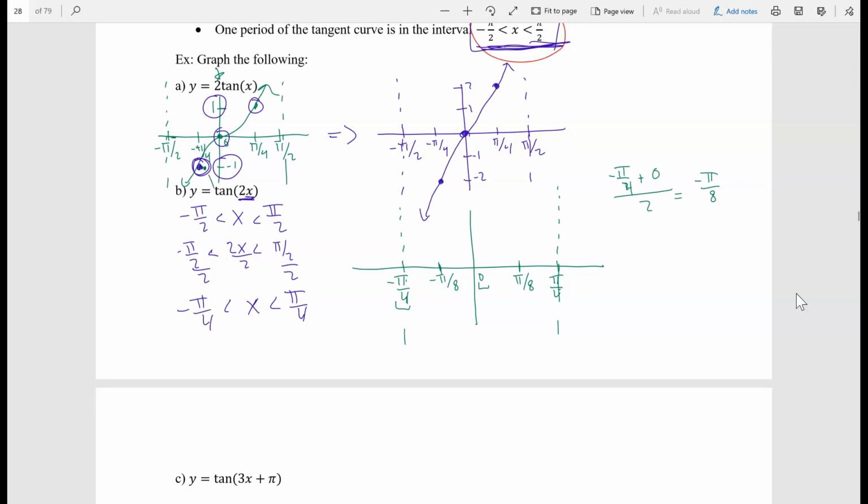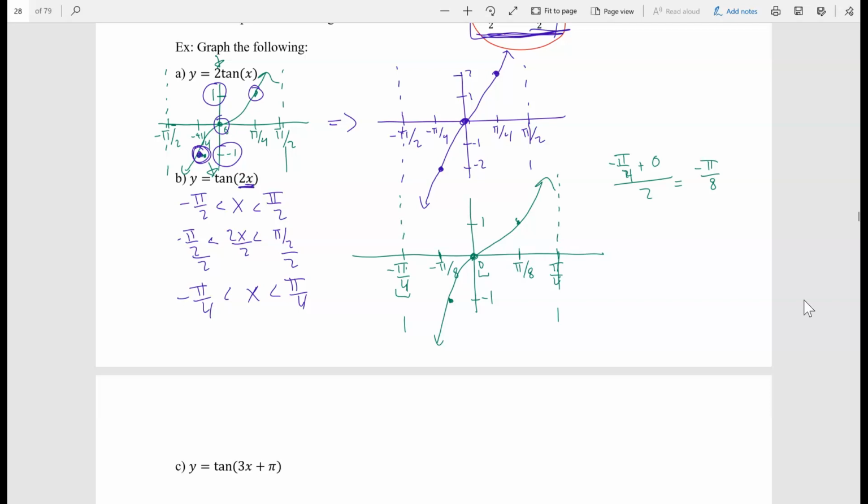Here, there's no shifting or stretching, so it's just going to be 1. These haven't changed, but they now belong to negative pi over 8, and the 0 stays the same. So the graph looks like this. That's what it looks like. We're only graphing one period of this.